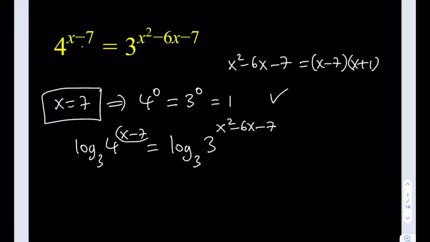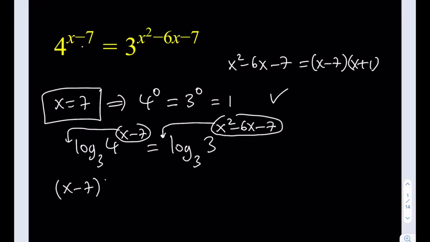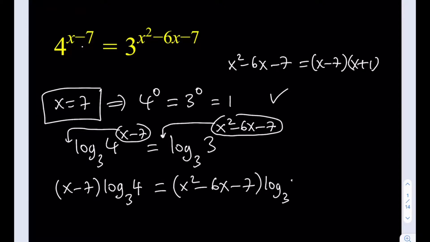So this guy over here is going to move to the front, and this guy over here is just going to move to the front. And they're just going to be factors, okay? So from here, we get x minus 7 times log 4 with base 3. And this one is going to be x squared minus 6x minus 7 multiplied by log 3 with base 3.